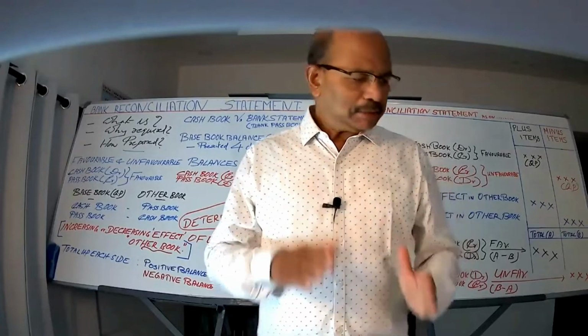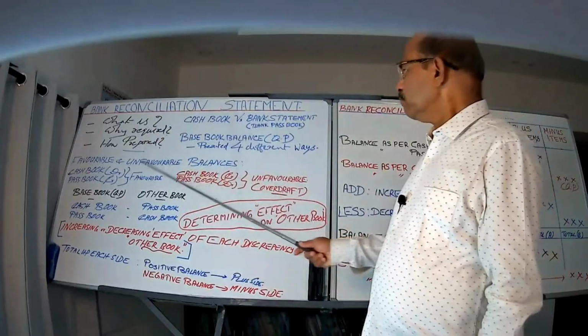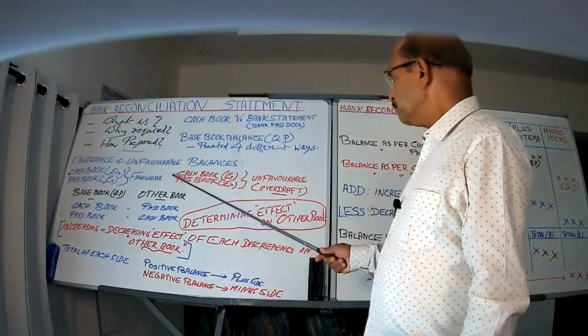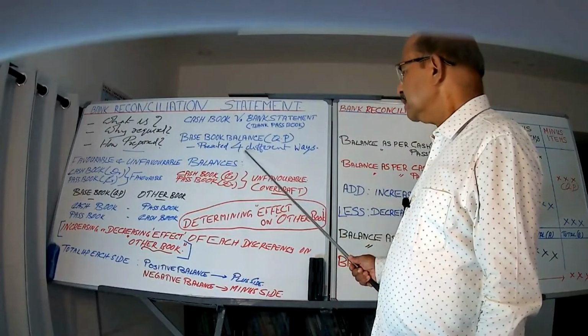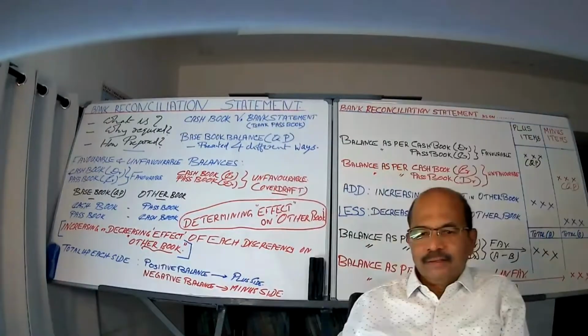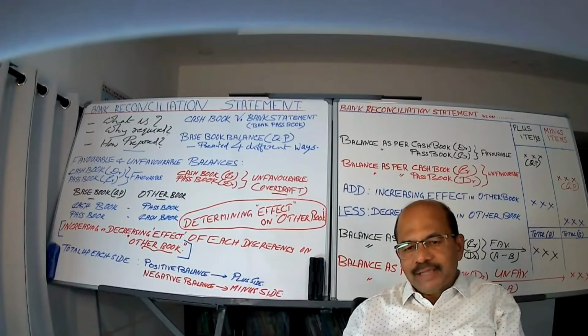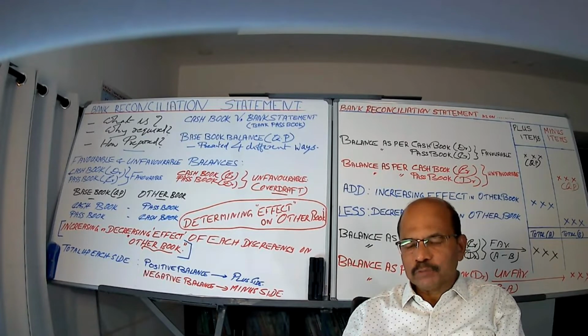I will be explaining various concepts now: what is a favorable balance, what is an unfavorable balance, and the 4 ways the question can be presented in an exam, everything. Okay? You will essentially be given a cash book balance or a passbook balance as the base book in the question paper.